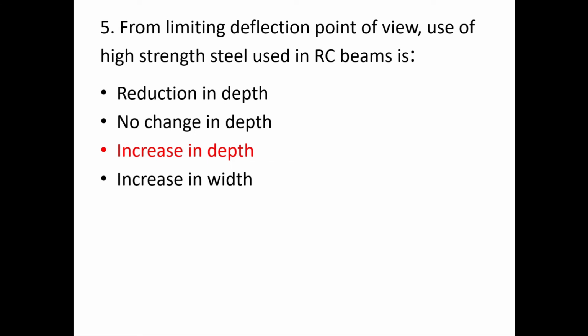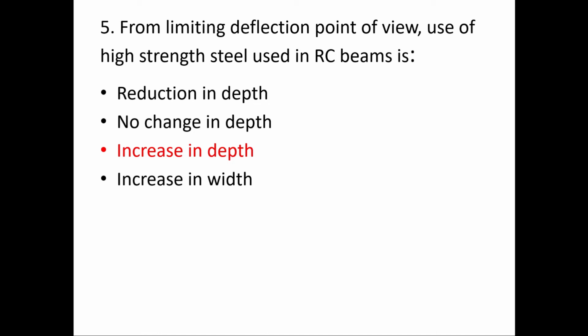From the limiting deflection point of view, what is the effect of using high strength steel in RC beams? As we know, the span to depth ratio of a beam with different types of tension steel is obtained by multiplying the basic values of effective span to depth ratio with a modification factor.